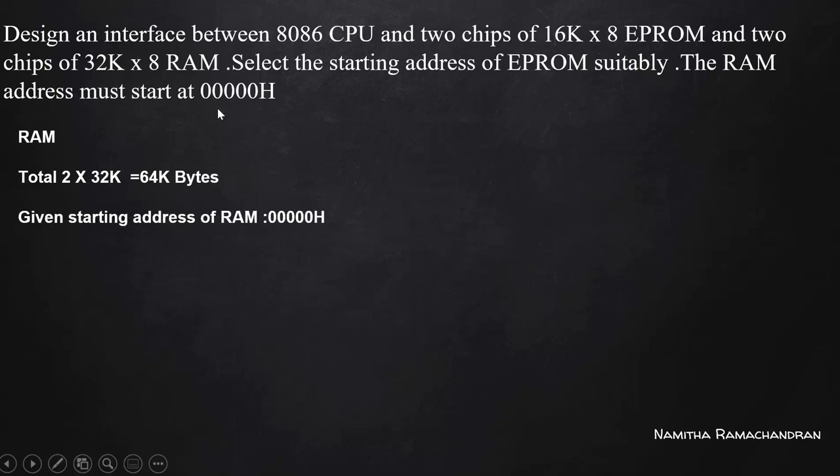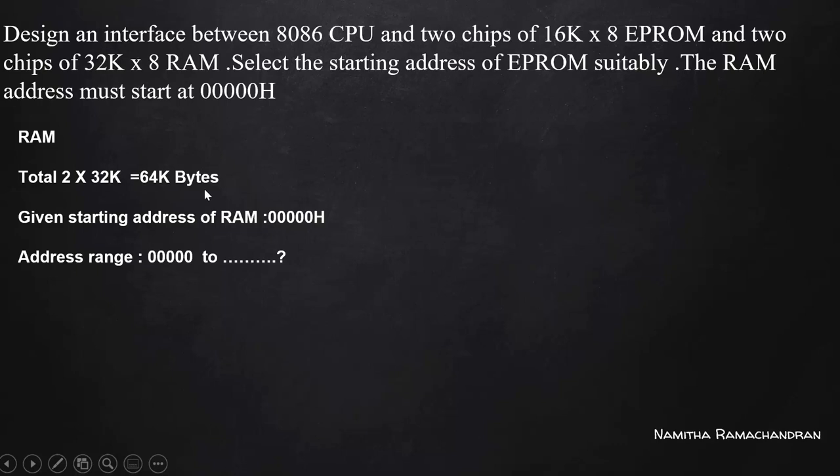The next point relating to this RAM space is that the starting address must be at 00000H. So these are the data relating to this RAM space. We are given 2 chips of 32K by 8 RAM, so total RAM space is 2 into 32K bytes, that is 64K bytes.